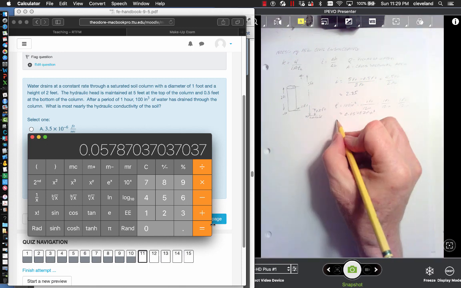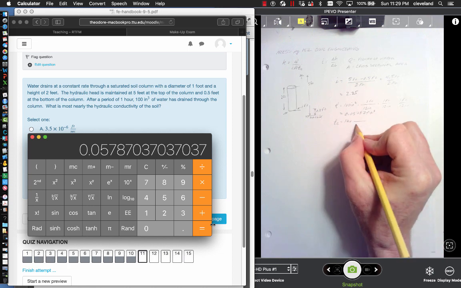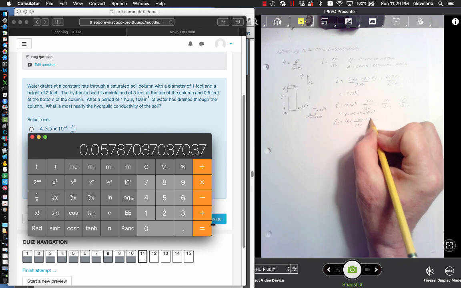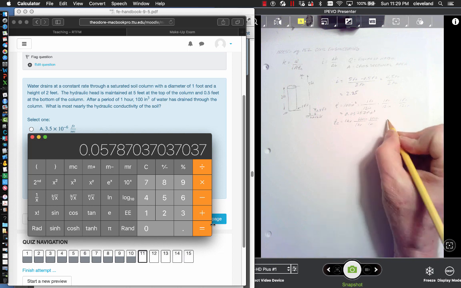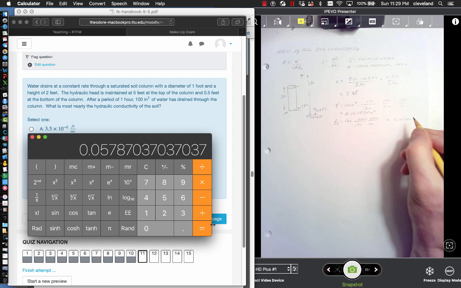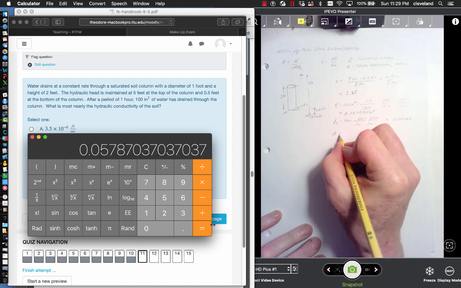And we have an elapsed time of 1 hour, but we want it in seconds. So 1 hour is equal to 60 minutes. 1 minute is equal to 60 seconds. So that's 3,600 seconds. Now we want our area in feet squared.